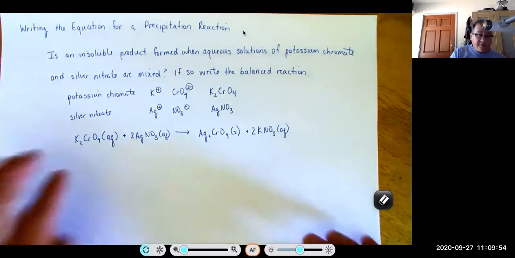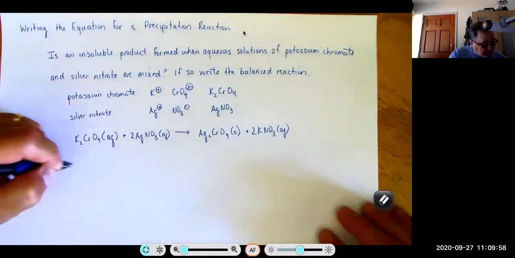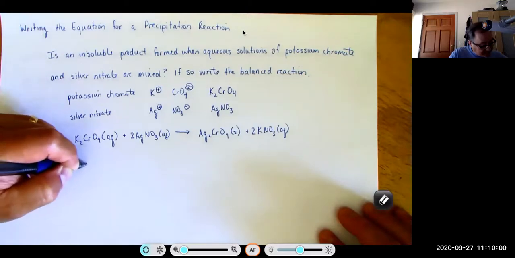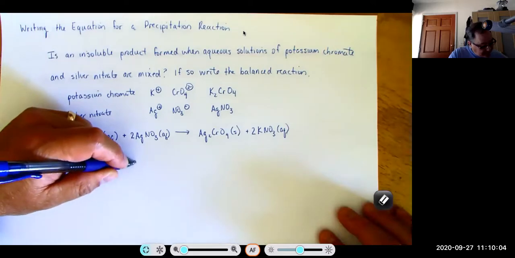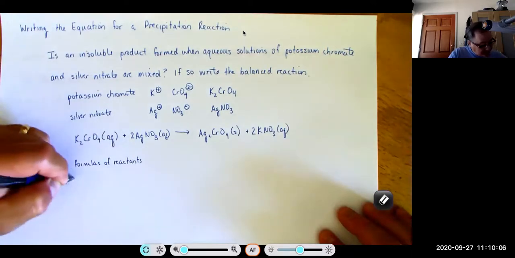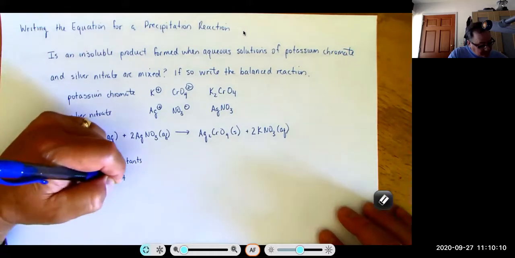So here, if you look at the steps to help us figure out what's going on, 1, you need to know the formulas of the reactants. And it helps to know the ions.